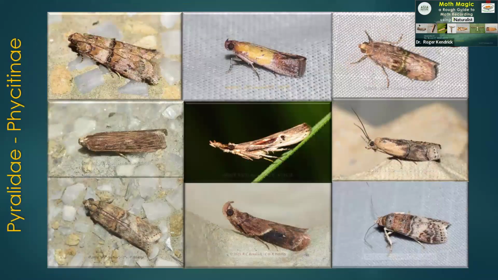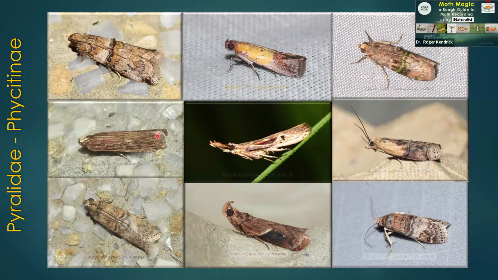The next group is taxonomically very challenging indeed. The Phycitinae, they are another big group of plant predators and aphid predators. They do an excellent job on controlling a number of aphid pest species.